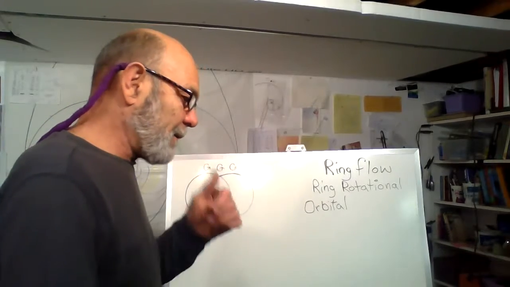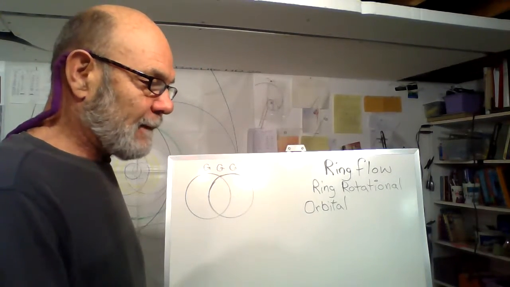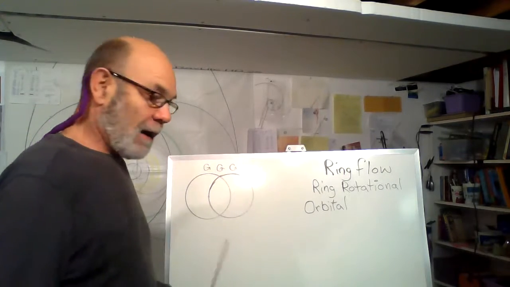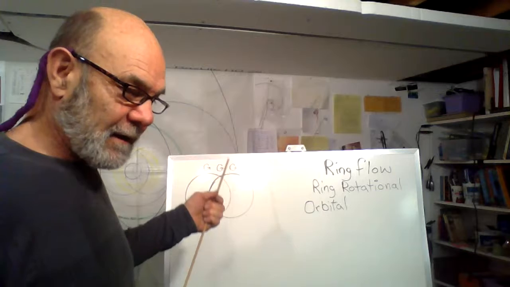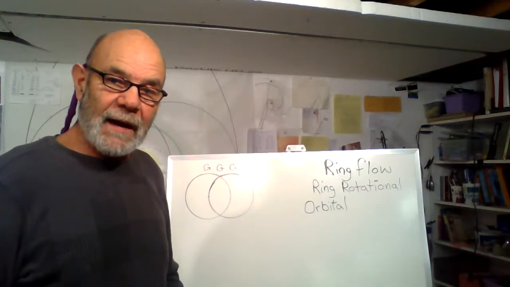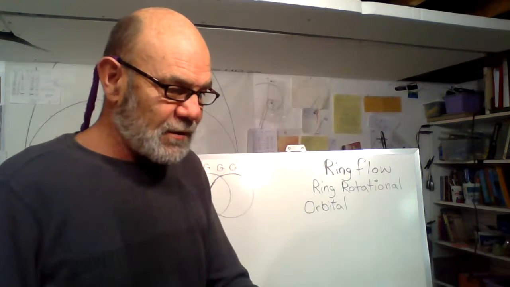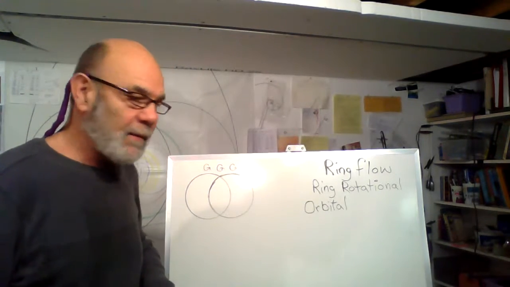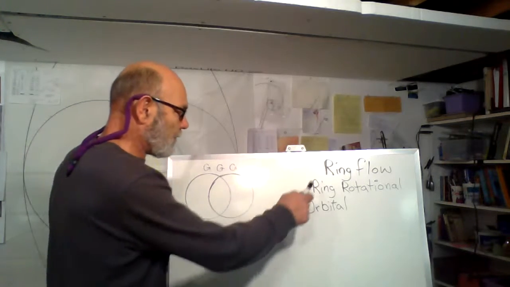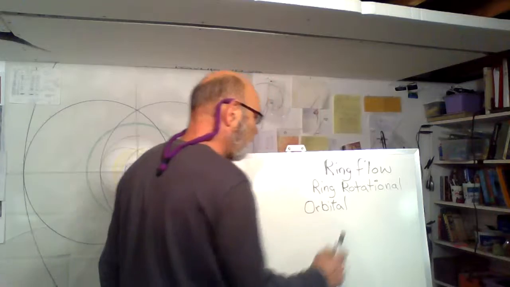Now, that's a theory. I disagree. I think the magnetism is first, and that the electron is a product of the magnetism. And we'll show you a little bit about how this three-dimensional motion of ring flow, ring rotation, and orbital works.